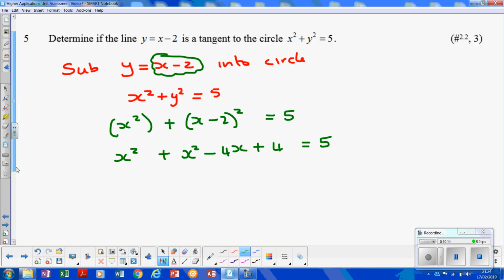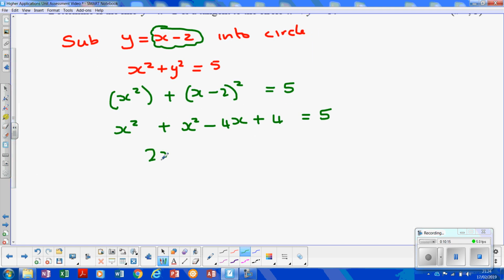Tidy up, so we've got 2x squared, minus 4x, and I want to take 5 away from both sides because it must always be equal to 0. So 5 away from that side leaves us 0, and 5 away from this side, 4 take away 5 is minus 1. Now we're going to use the discriminant, b squared minus 4ac.